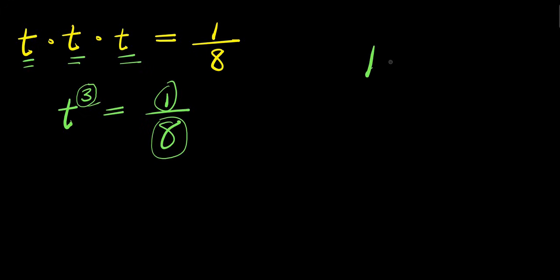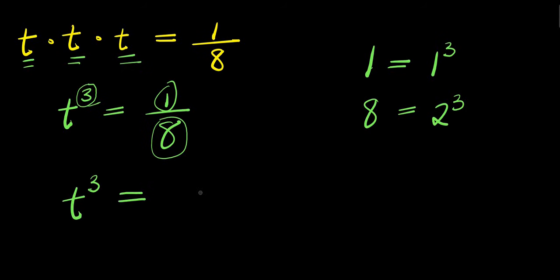So, if you have 1, I can express it as 1 to the power of 3, which is the same thing as 1. Now, if I have 8, I can also express it as 2 to the power of 3, which is the same thing as 8. So, t to the power 3 equals 1 is the same thing as 1 power 3 divided by 2 power 3.